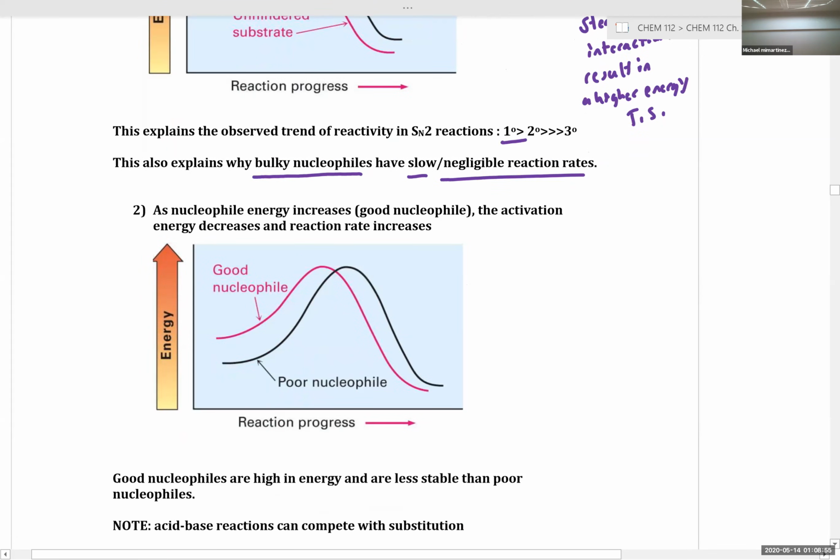Looking at nucleophile energy, as nucleophile energy increases, if you have a good nucleophile, your activation energy decreases.